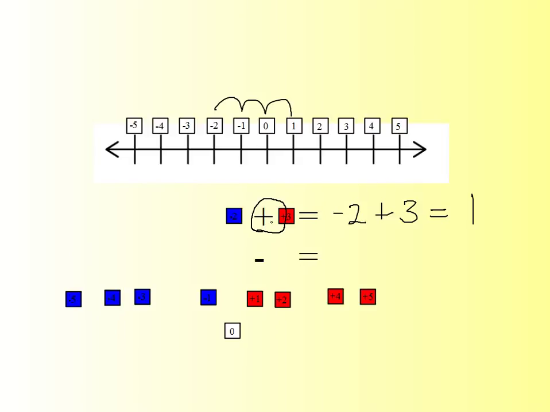So what we're saying is that when you look at the operator plus and the sign plus, if they're the same, then we just use one symbol, which is the plus sign.